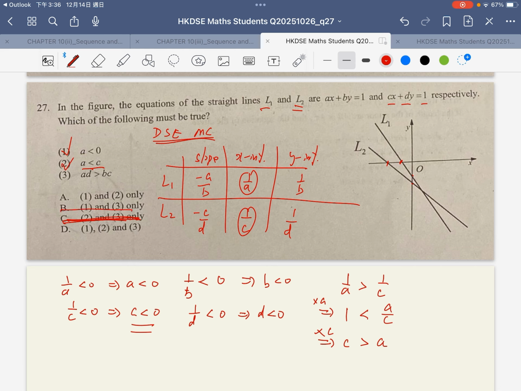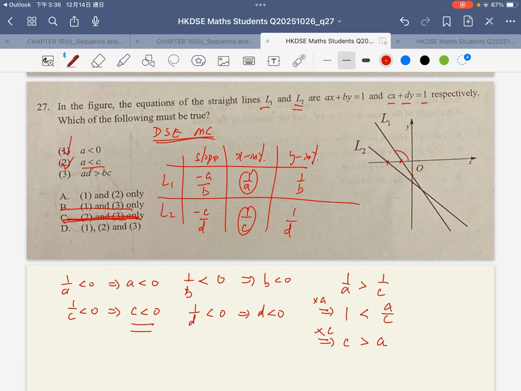We only have two options left. Now, finally, we have to compare the relation between A, B, C, D. The only items connected to all the terms A, B, C, D are the slopes of these two lines. For the slopes of L1 and L2, we actually have to compare the angles of inclination.